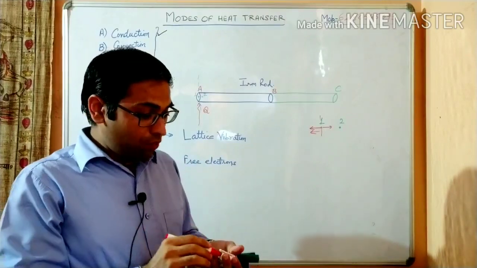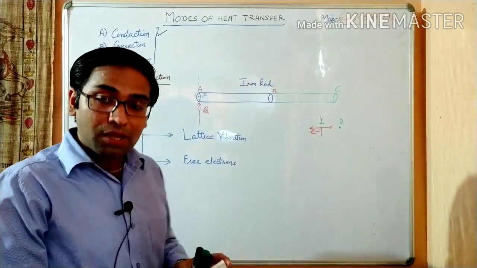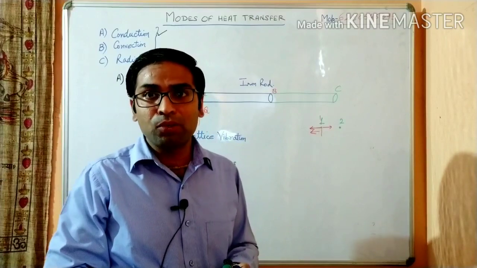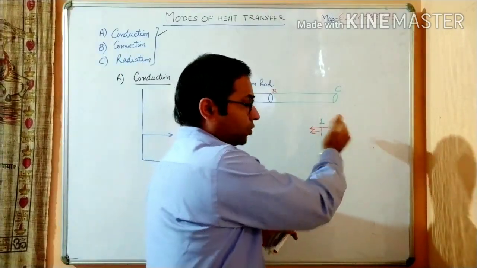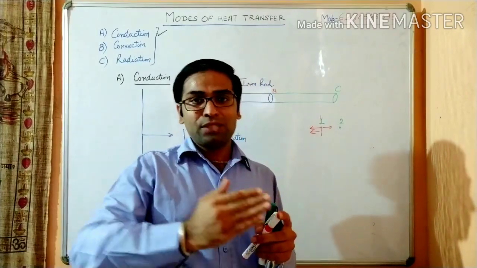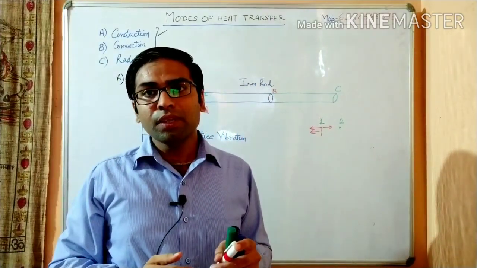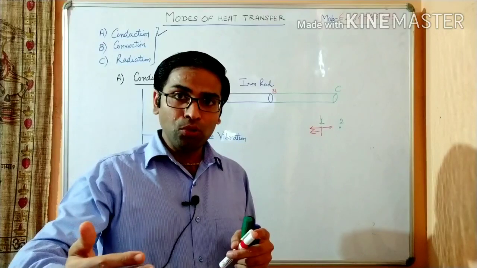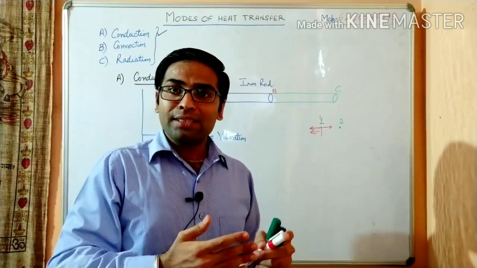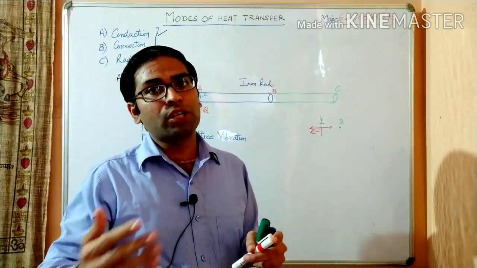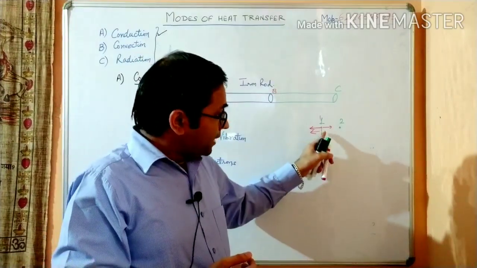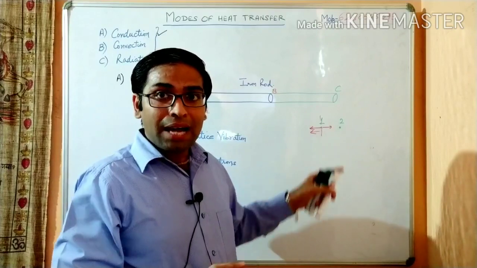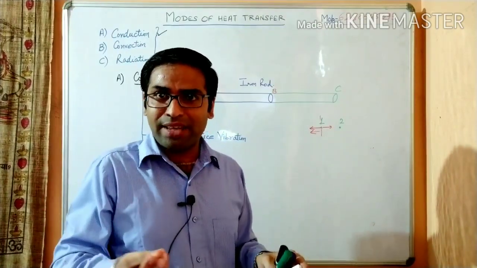Now further, what happens when molecule 1 vibrates about its mean position? Just in the neighborhood of 1, the molecule 2 is present. So it collides with molecule 2, and when it collides, it provides a part of its thermal energy to molecule 2. And ultimately, the vibrations of molecule 1 are damped out to some extent.